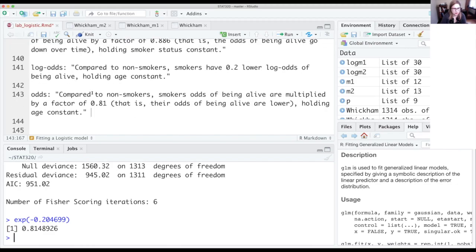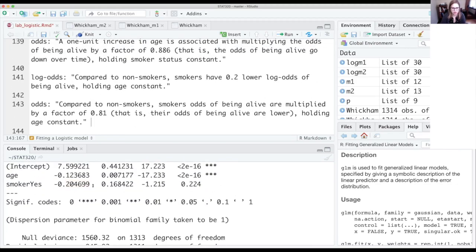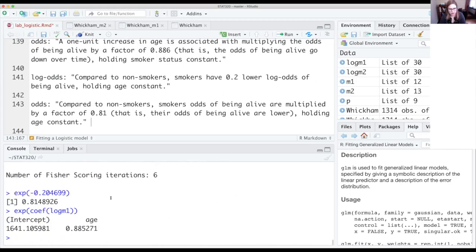I guess the last sort of code thing is you can just copy the coefficient and then do exp parentheses and paste it in. You can also do exp of coef of log m1. Oh, too helpful, RStudio. And then it'll just exponentiate all the coefficients. We don't usually interpret the intercept in logistic regression. It gets sort of even less useful than in linear regression.